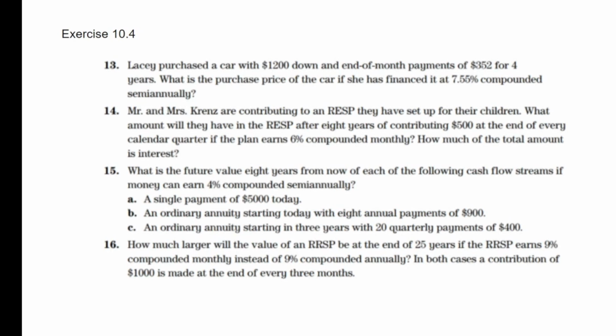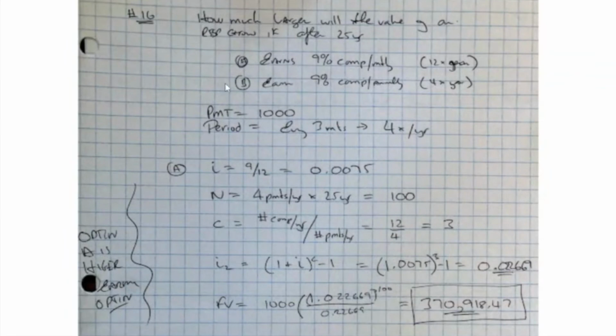So what we have to do is a parallel calculation, one for the 9% compounded monthly and one for the 9% compounded annually. The very first one we're going to do is the 9% compounded monthly option of the RRSP. We have to say, okay, what is the value of I?